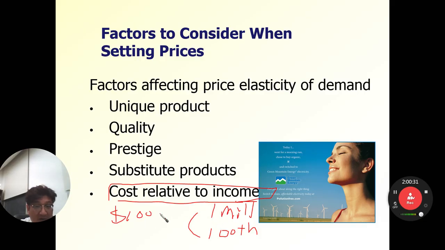However, the ratio for customer A is a lot smaller than the ratio for customer B. So obviously, needless to say, the price elasticity of the rich people is smaller than the price elasticity of less rich people.